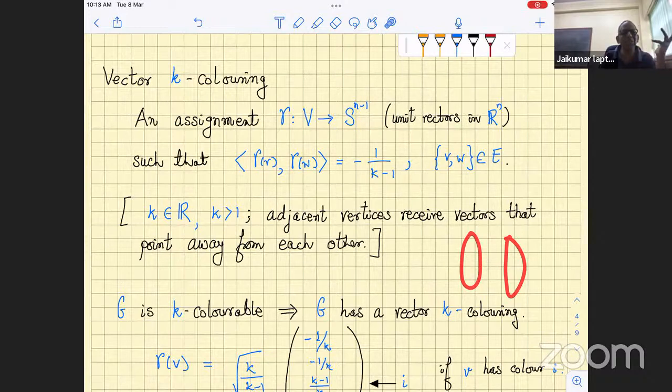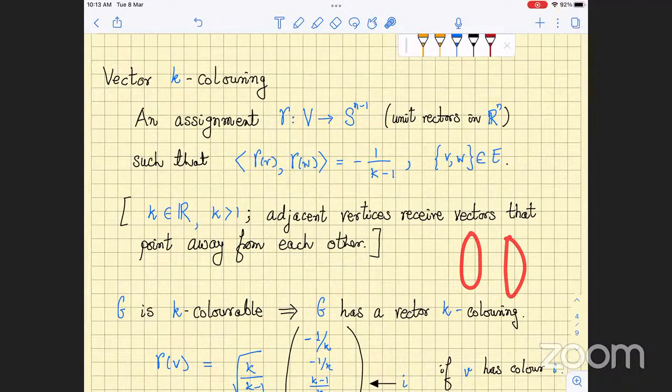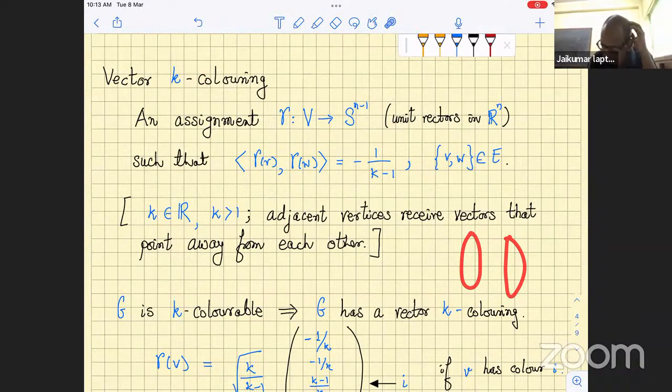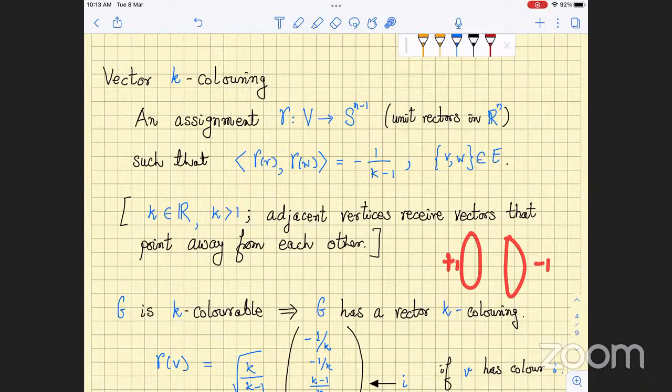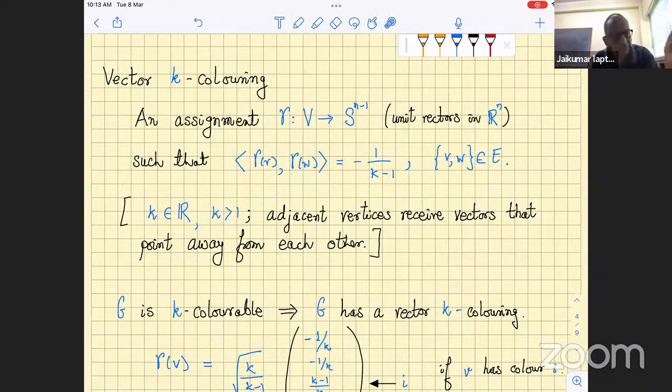Whenever two vertices are adjacent, we would like the corresponding vectors to point in opposite directions. One is e1 and minus e1. So we work in one dimension.